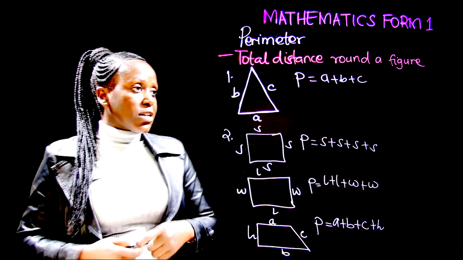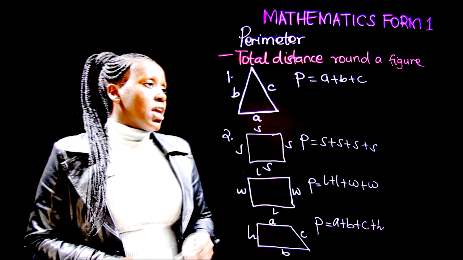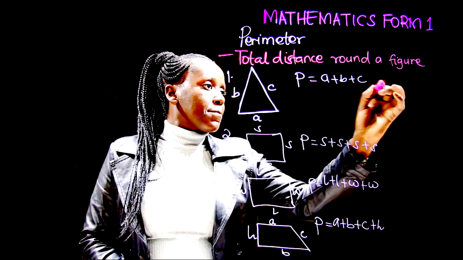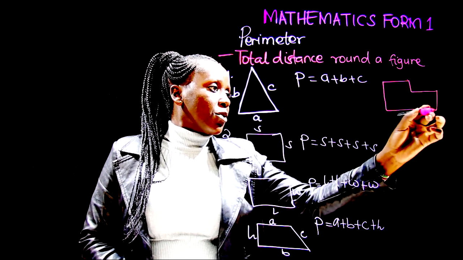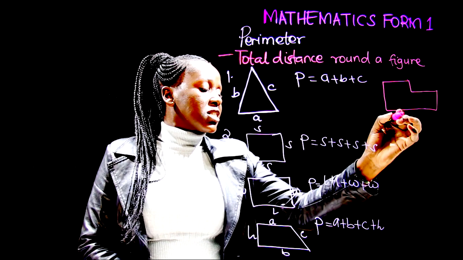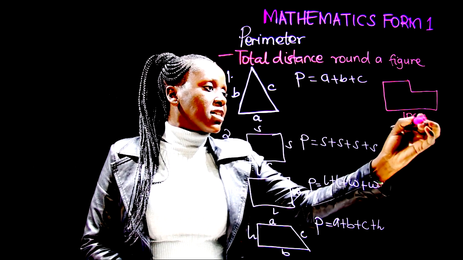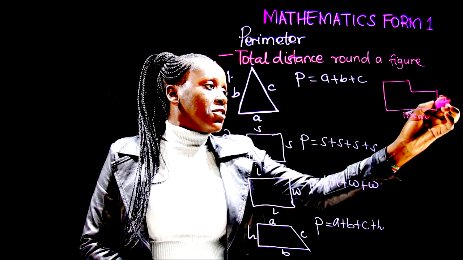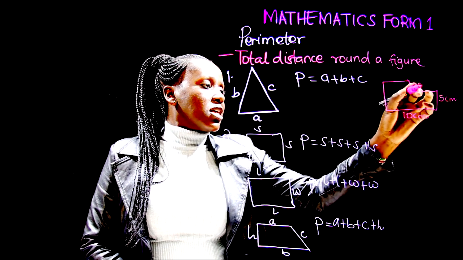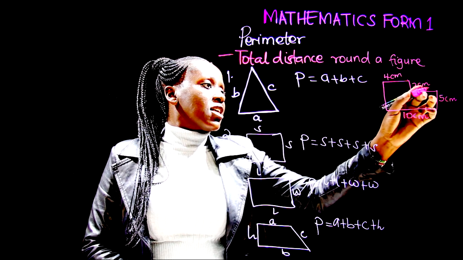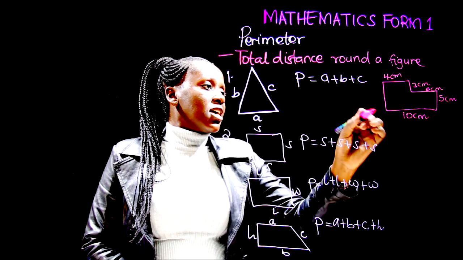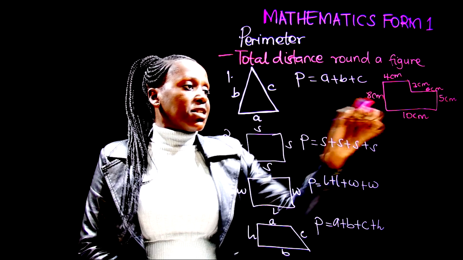So now, using more practical examples, here we have a figure of this shape, okay? And this distance here is 10 centimeters. Here we have 5 centimeters, 3 centimeters, 4 centimeters, this is 6 centimeters, and this is 8 centimeters.